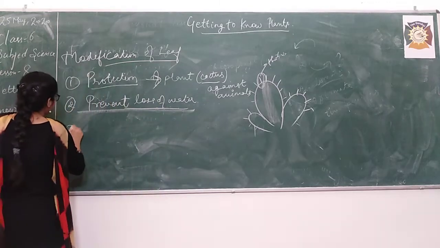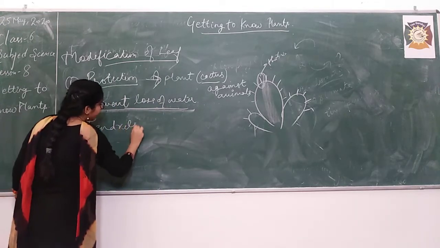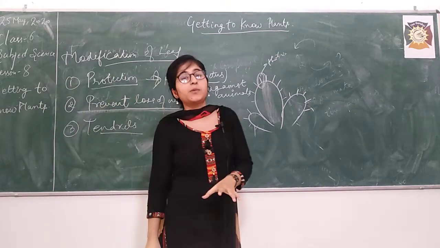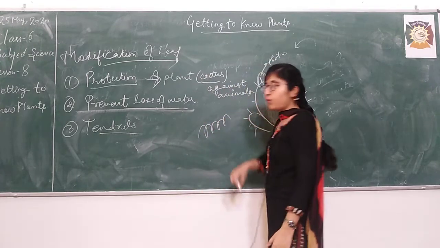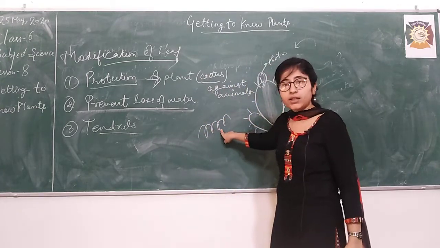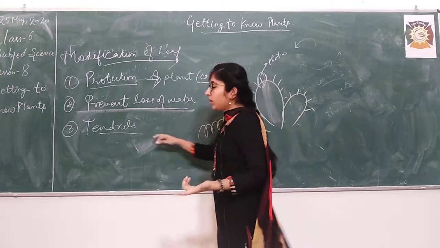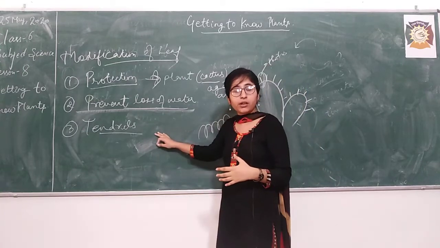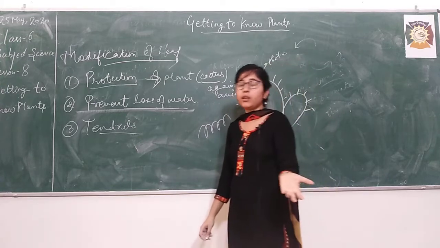Okay. After that, the third function. The third function is related to tendrils. We already studied in stem that in grapes the stem is modified into spring-like shapes like this to form tendrils. These are tendrils. Now this happens with the leaves too. The only difference is that in some plants leaves are modified into tendrils, and in others it is stems which are modified into tendrils.